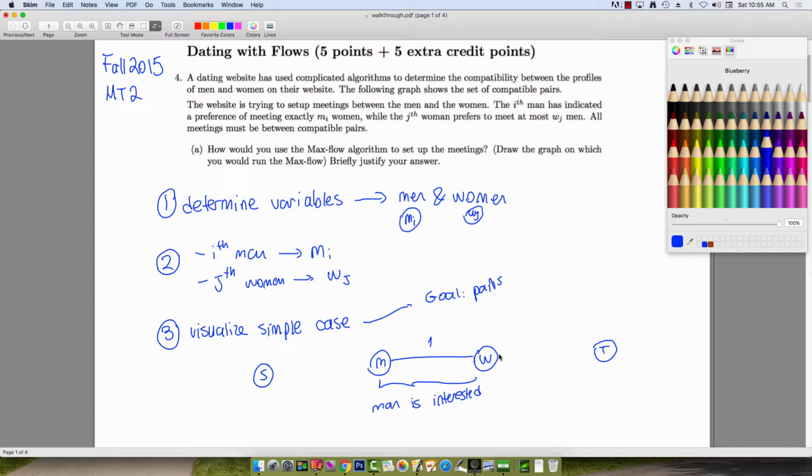Then the edge from the woman to the end node will show that the woman accepts the meet.